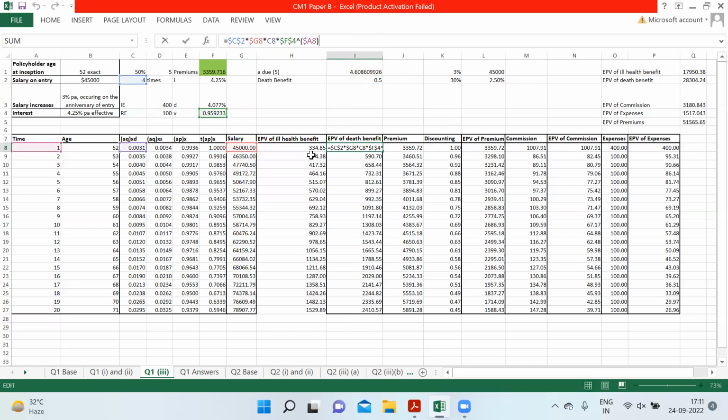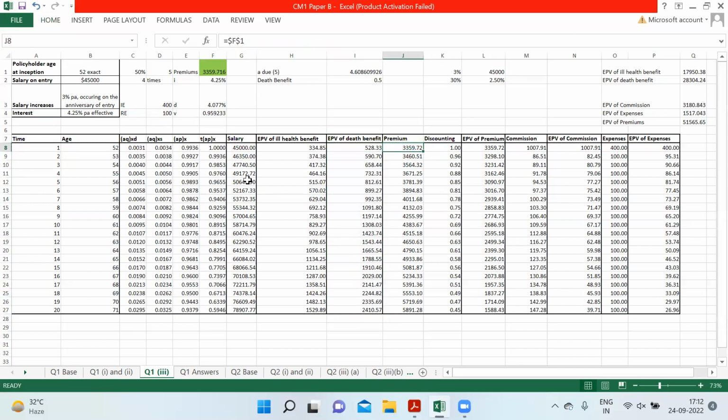EPV of death benefits is then 4 times the lump sum of the salary, 4 into the salary, into qx, into px, into the discounting factor, and into tpx as well. And this is there for all the death benefits.